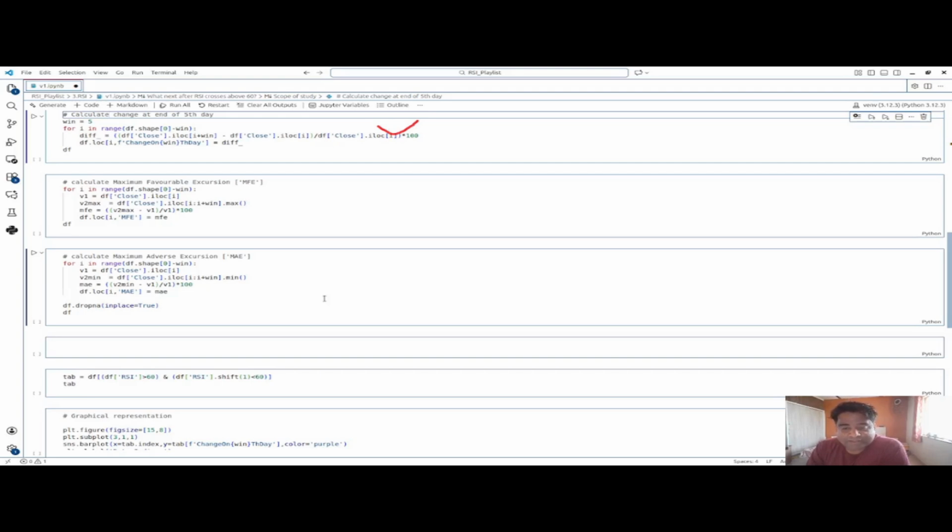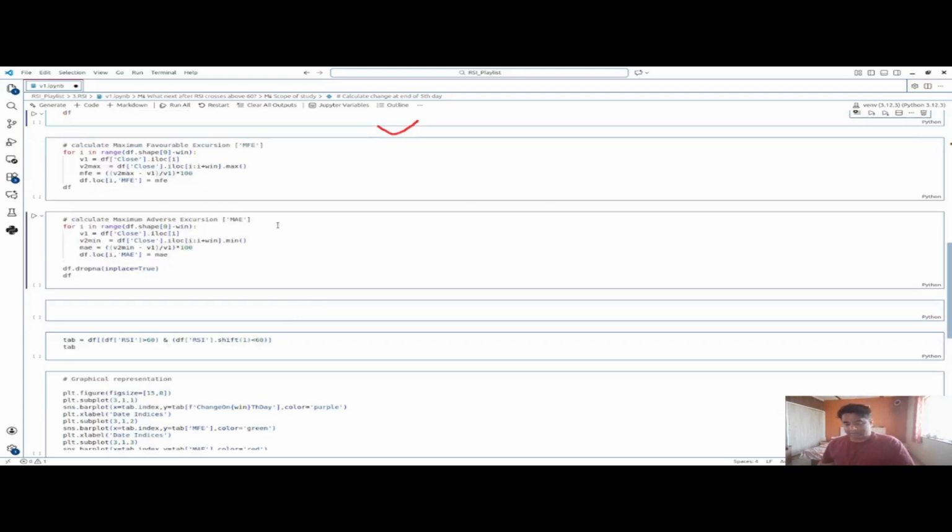The maximum above today's baseline in the next 5 days will be MFE, maximum favorable excursion, and the maximum below today's baseline in the next 5 days will be the maximum adverse excursion. Okay, that will be a negative.